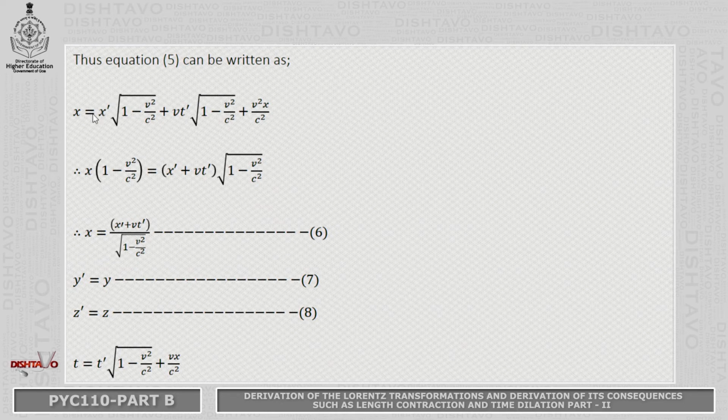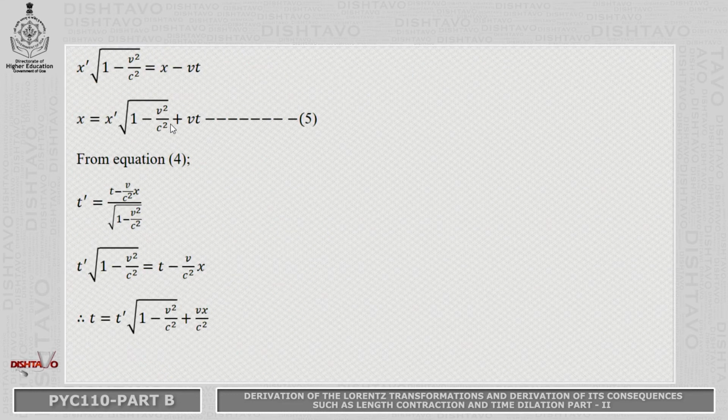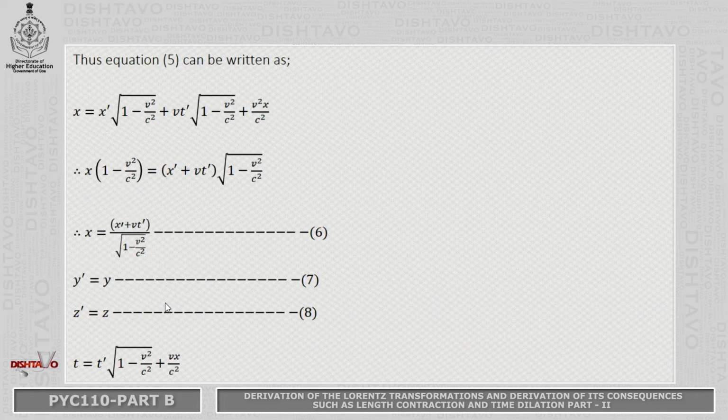So on writing that, we get x equal to x dash times square root of 1 minus v square by c square plus v times t. Okay, so t is replaced by this equation, which is t dash times square root of 1 minus v square by c square plus v x by c square. V square x by c square, if you take it on the other side and combine it with this term on the left hand side, we write it as x times 1 minus v square by c square equal to, combine these two terms by taking square root of 1 minus v square by c square outside this bracket.